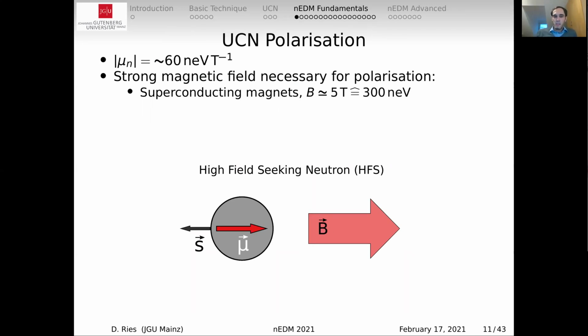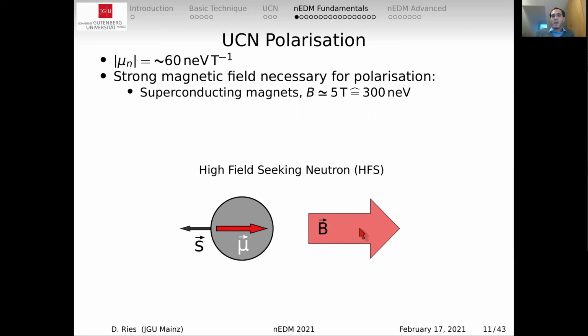And how does that then look like? So if you have a strong magnetic field here and the neutron approaches from the left-hand side, then it will orient along the direction of the magnetic field and split into two separate states.